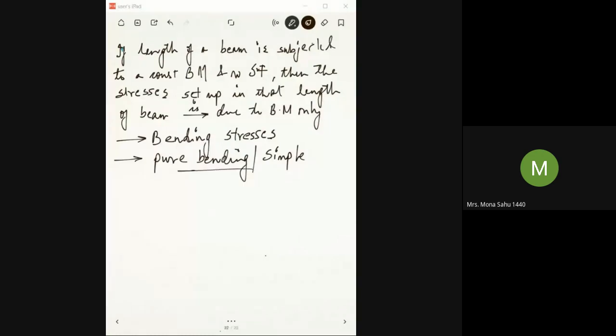Okay, that's the definition. The next topic: theory of bending. Okay, this is important. I'll draw the diagram.